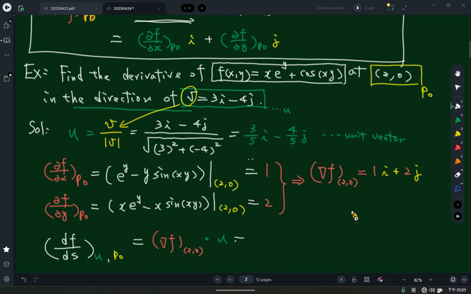Then it will be 3/5 times 1 and 2, adding together, and the result is -1.